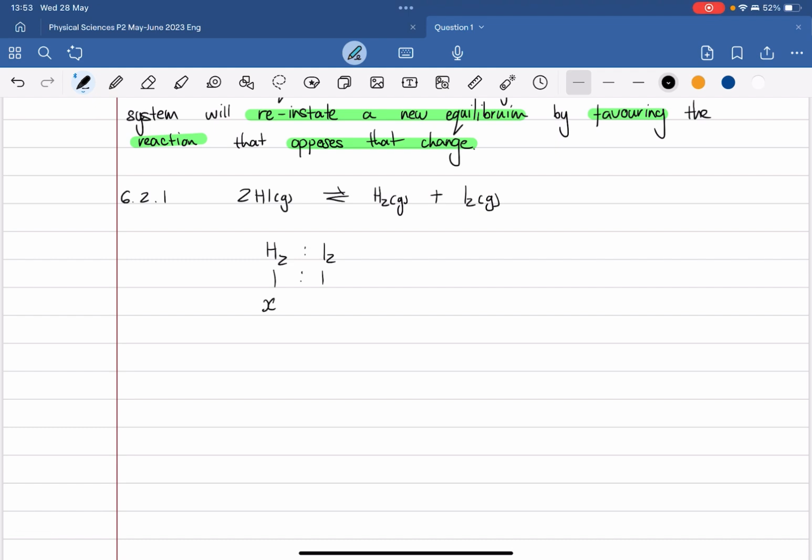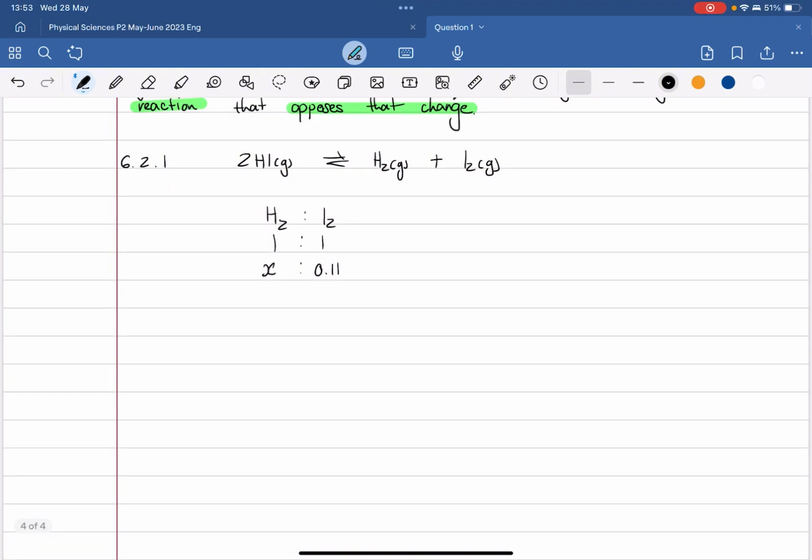If I'm looking for X, which is my number of moles of hydrogen, and I already have my number of moles of iodine, I can just put that there and cross multiply. Essentially, I'm trying to solve for X, and therefore X will be equal to 0.1 moles of hydrogen gas.